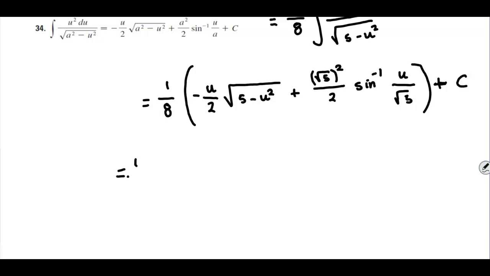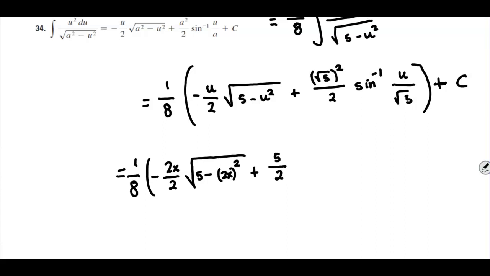So we have 1/8 times negative 2x over 2 times the square root of 5 minus 2x squared plus 5 over 2 times the sine inverse of 2x over the square root of 5 plus c.